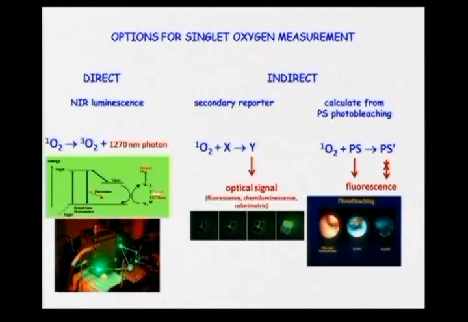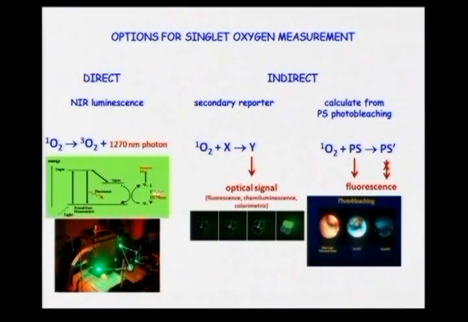And the third possibility is that if the sensitizer photobleaches, so if the singlet oxygen interacts with the sensitizer and bleaches the sensitizer, if we monitor the sensitizer by, say, fluorescence, then we measure a reduced fluorescence, and perhaps we can calculate from that reduction of fluorescence how much singlet oxygen was generated.